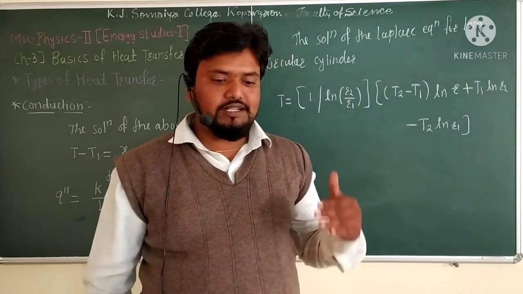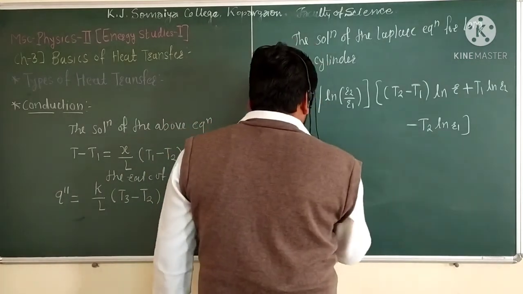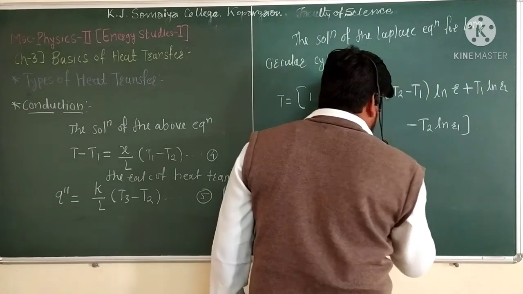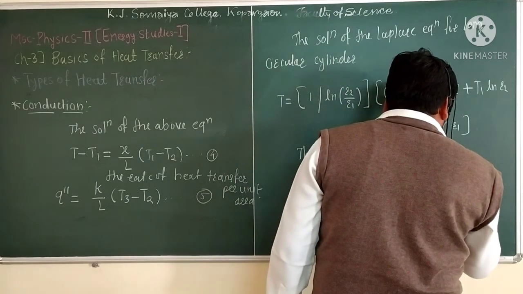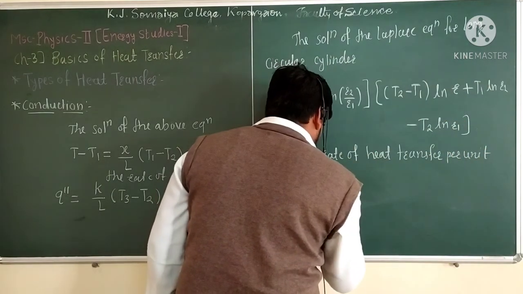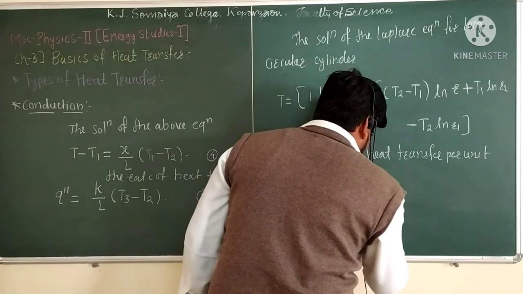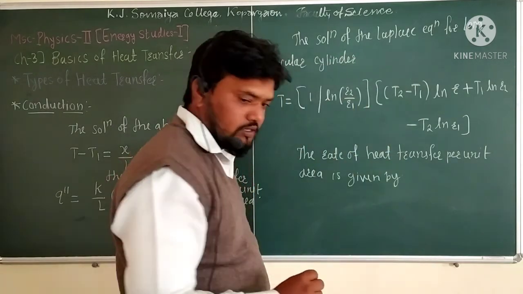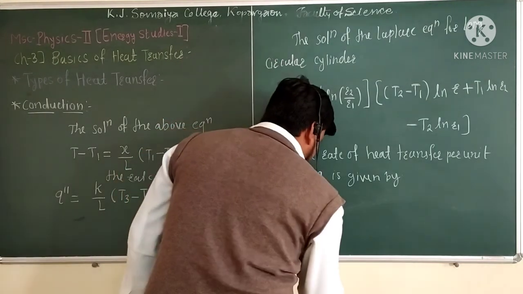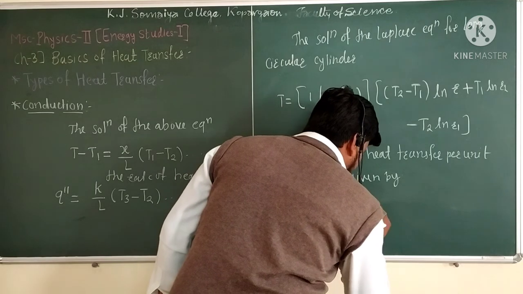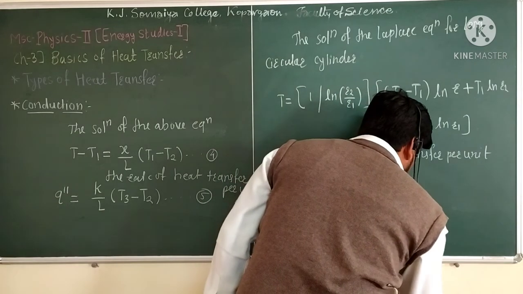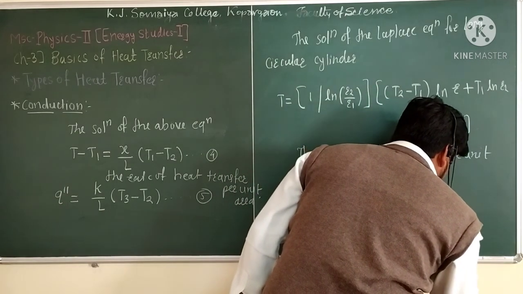And the rate of heat transfer per unit area is given by the equation Q double prime is equal to minus K (T2 minus T3) upon R ln of (R2 divided by R1).